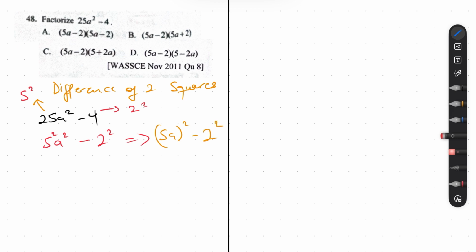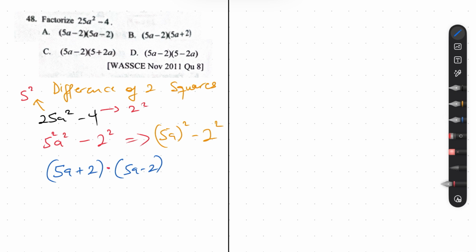Now we can see clearly this expression is the same as 25a squared minus 4, and it is a difference of 2 squares. So how do we handle the difference of 2 squares? We add and then we subtract and then we multiply their results. So we have 5a plus 2 and 5a minus 2, then we multiply the results.